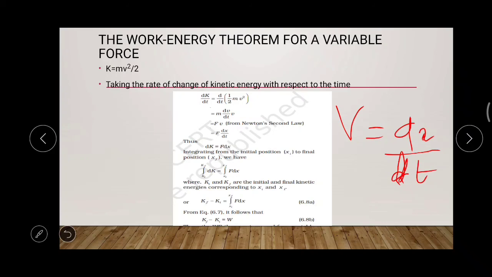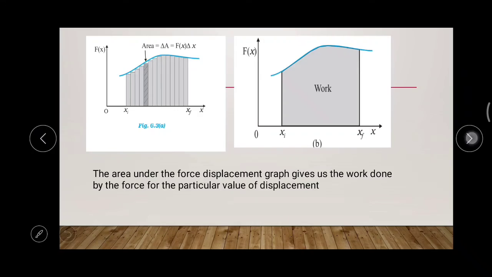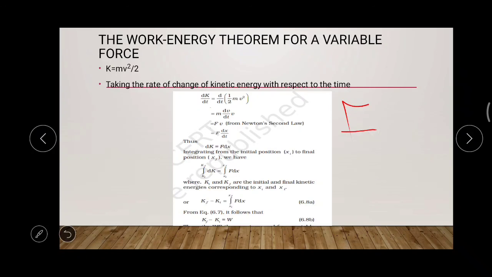So substituting v as dx divided by dt, the equation will become F v equal to F into dx divided by dt.